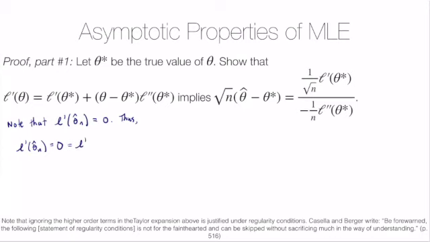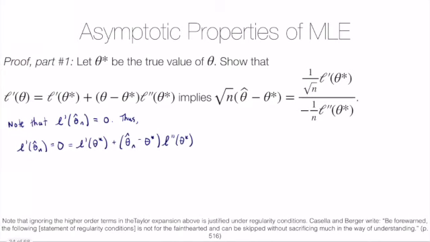So we'll have the derivative of the log likelihood evaluated at the true value plus the MLE minus the true value times the second derivative of the log likelihood evaluated at the true value. All right, and now we can see how we'll get part of this right-hand side. We have the individual terms here, and it's just a matter of rearranging this equation.